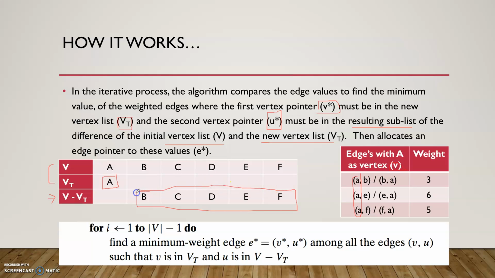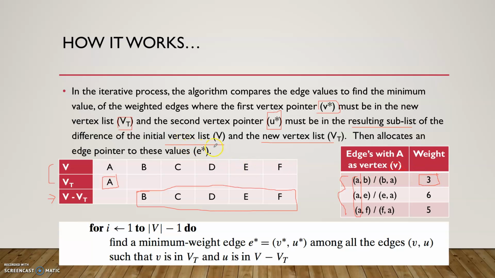So the only edges that the algorithm is looking at are edges where A is the first vertex and one of these vertices is the second vertex. From that, we find this edge list here. It then picks the edge with the smallest weight.